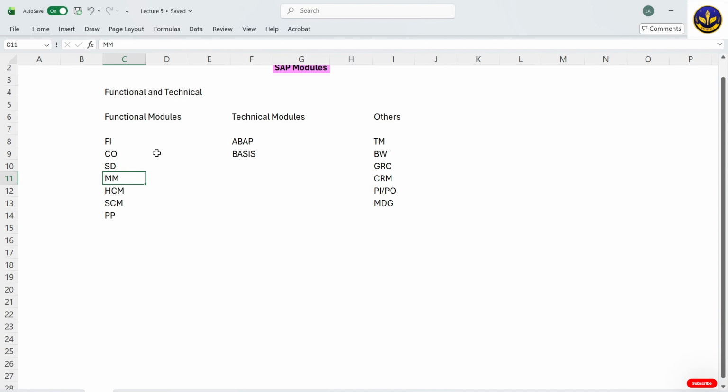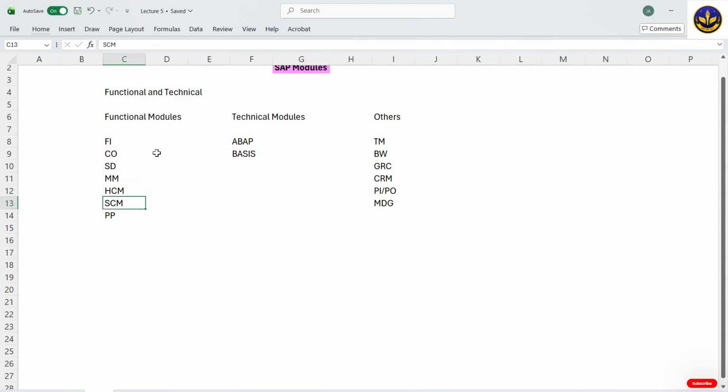We have now MM, material management. It deals with procure to pay and focuses on the procurement of the material needed for the manufacturing process of our organization. The next one is HCM, which stands for Human Capital Management, which deals with payroll or salaries and most things related to employees.